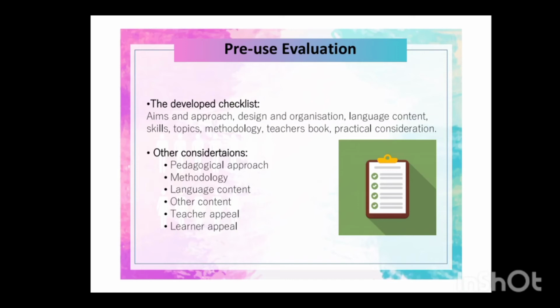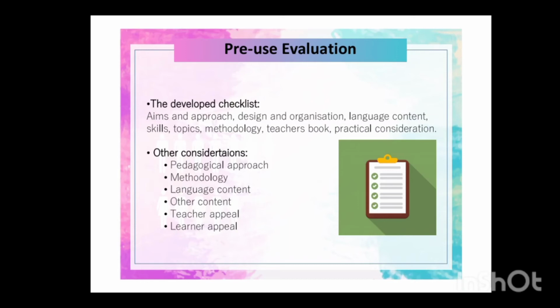And also in language content, we have to consider authenticity, because we have talked about authenticity as an issue in textbooks. It's better for us to consider it, because authenticity can help our students feel the real world, so they are trained to communicate in their daily activities using the target language.